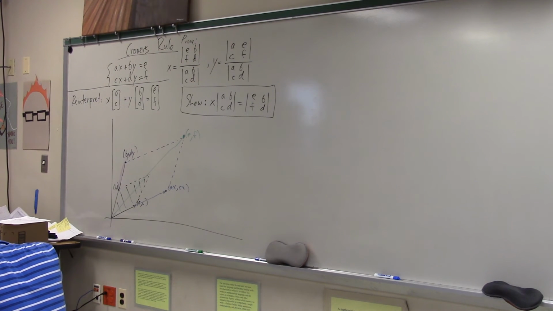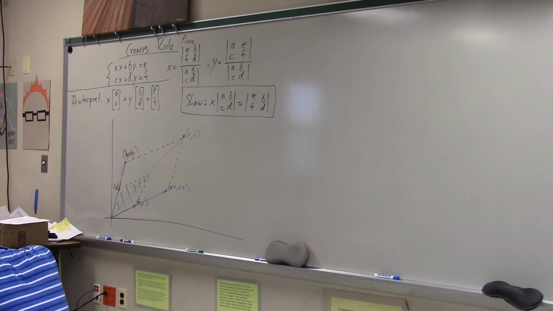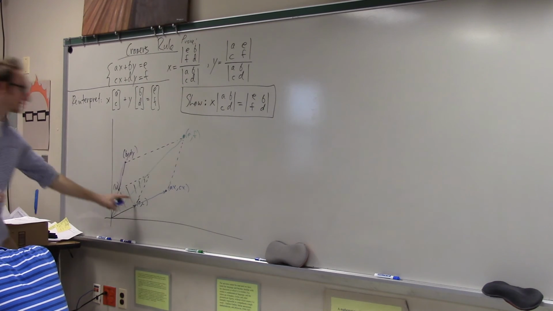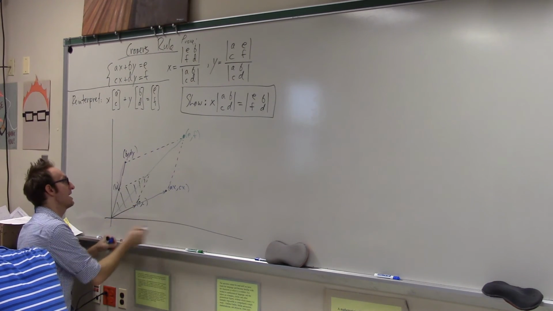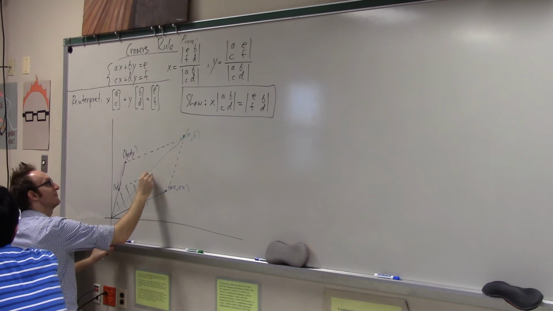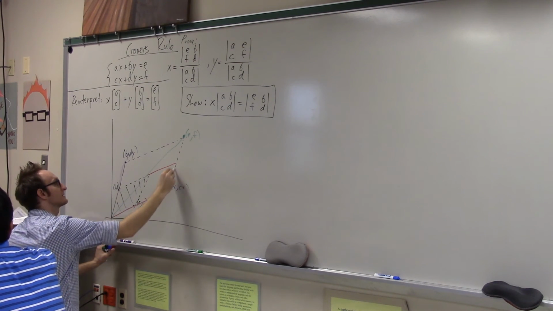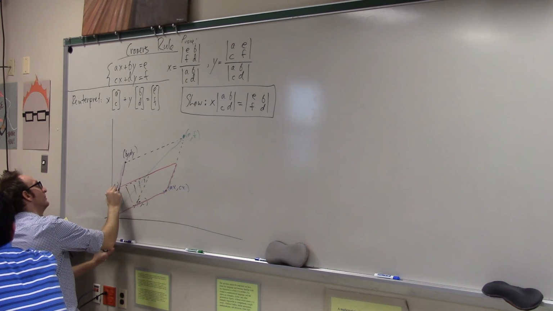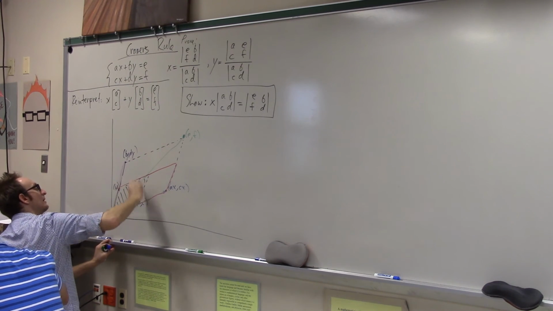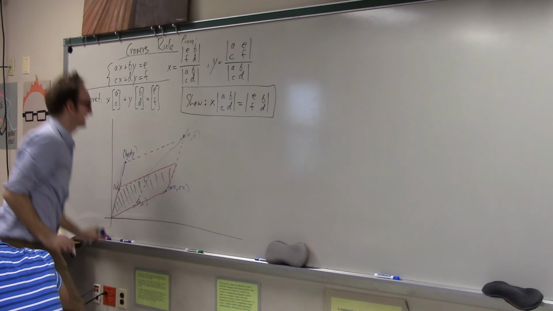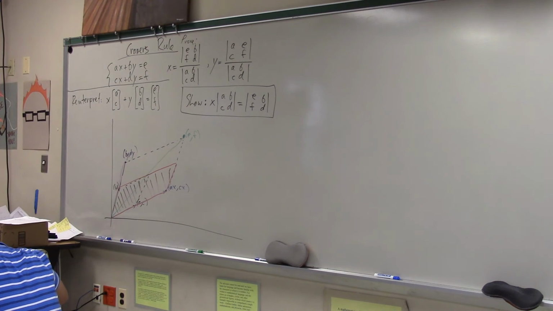And basically, what I've really done is taken this original parallelogram and scaled it by factor x. So if I scale it by factor x, I get this new parallelogram. And do you guys see how this red thing is x times as big as the black thing, right?